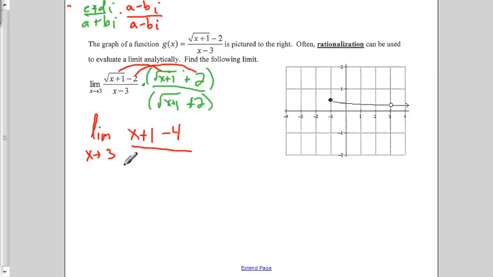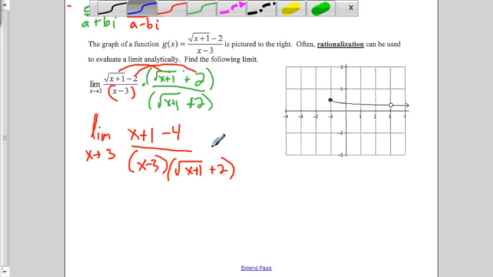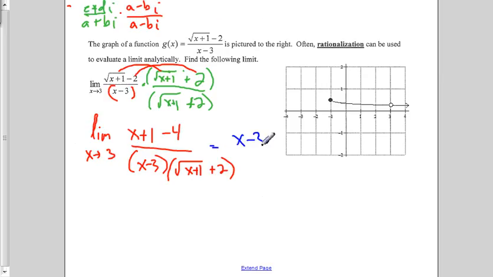And now I'm just going to leave it written like this: x minus 3 times square root of x plus 1 plus 2. And we should start to notice that the numerator is going to simplify to x minus 3, and we have that as one of the factors in the denominator. The x plus 1 is under the radical and the plus 2 is not under the radical.